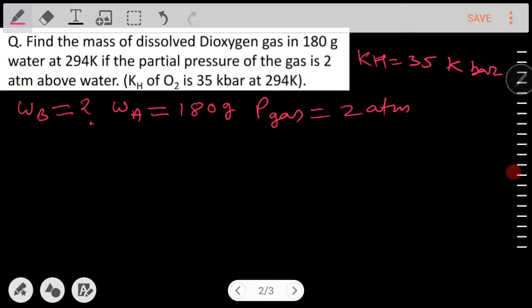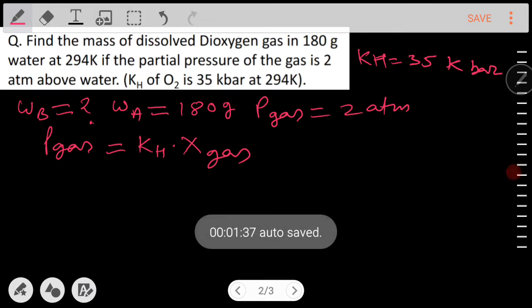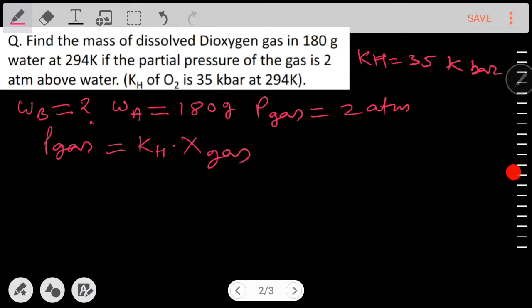The equation of Henry's law which is to be used here is P gas equals KH into X gas. P gas and KH should be in the same unit, but here in this question they are given in different units. P gas is in atm and KH is given in kilobar. So I will convert both into the unit bar.